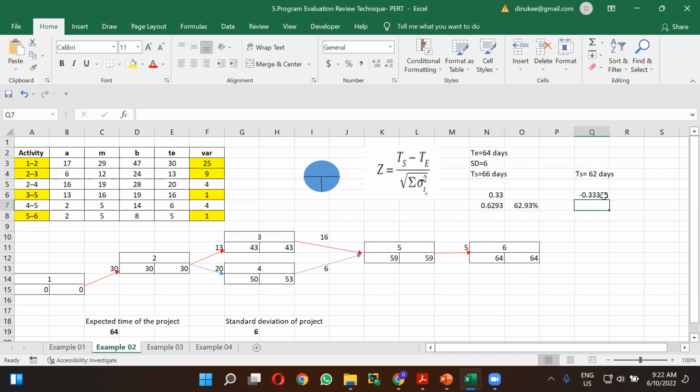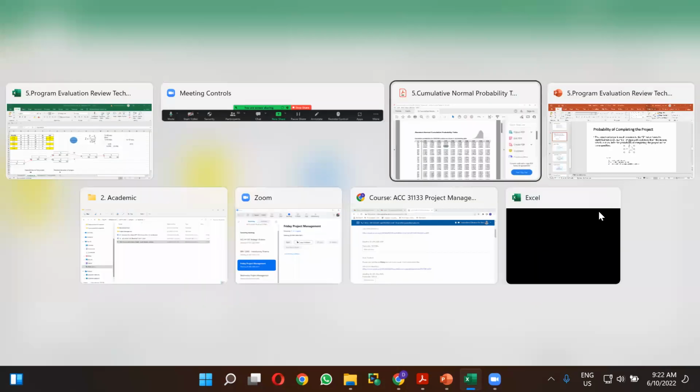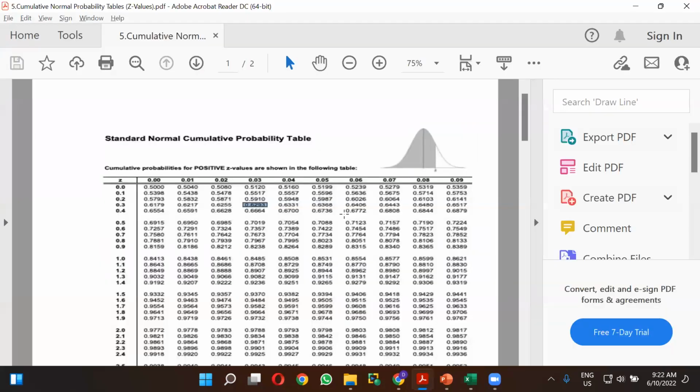So you have now taken the value as minus 0.33. As the table is given only to 2 decimal places, you take it to 2 decimal places. After finding this Z value, you have to find the value from the Z value table.